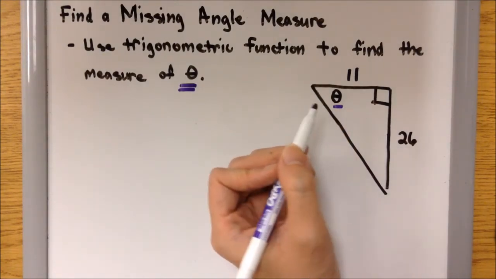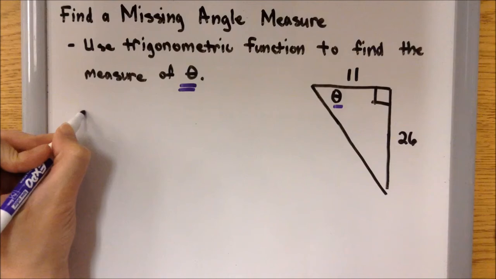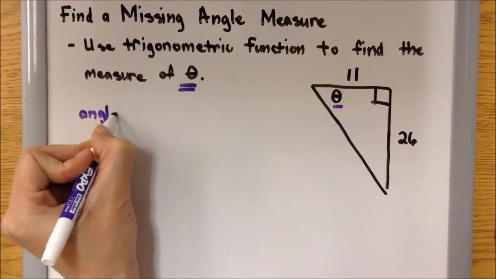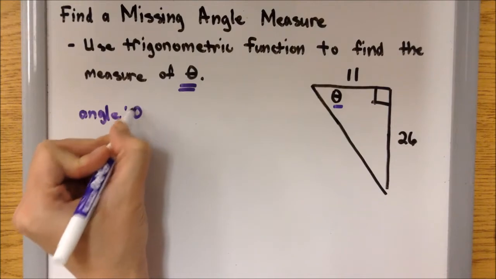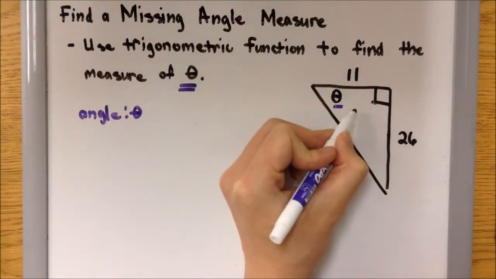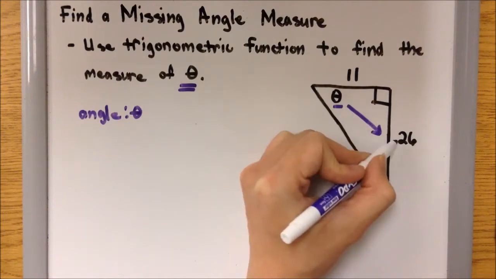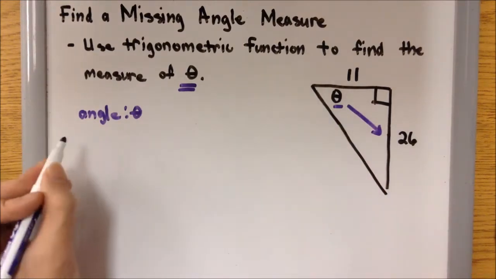Now, for sure we know angle is theta. We also know that from or across theta is the side 26, so that's opposite.